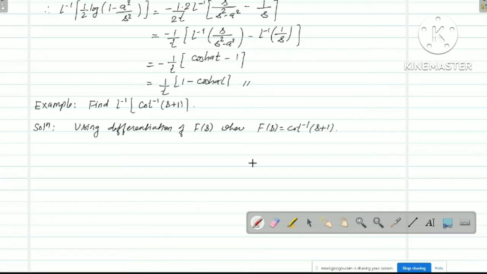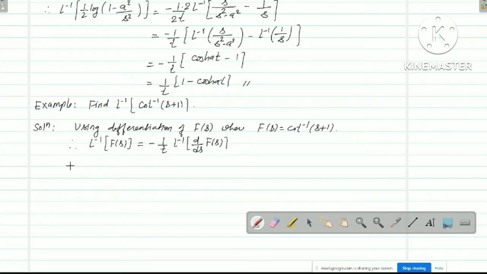This is your function. So what is the formula for this? Your formula is L inverse of f of s equals negative of 1 by t, L inverse of d by ds of f of s. This is your formula.